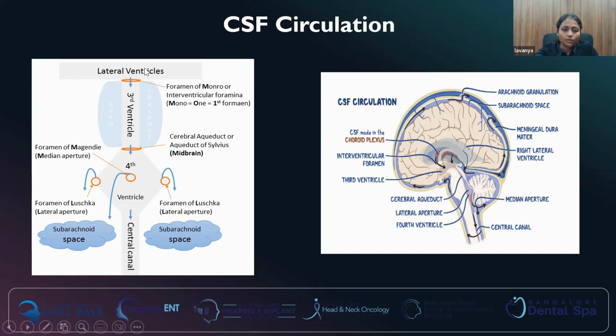So from the lateral ventricles through the third ventricle to the foramen of Monro, and from the third ventricle to the fourth ventricle through the aqueduct of Sylvius, and then into the central canal, and through the lateral aperture, that is foramen of Luschka, into the subarachnoid space. Generally the CSF is produced from the choroid plexus mainly, and then absorbed through the arachnoid granulations.